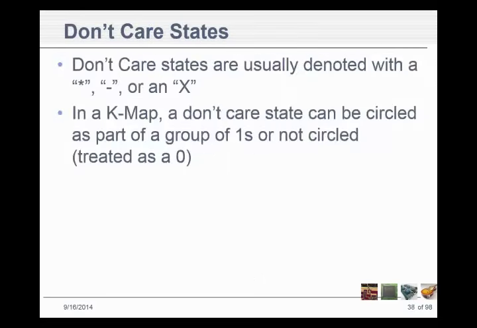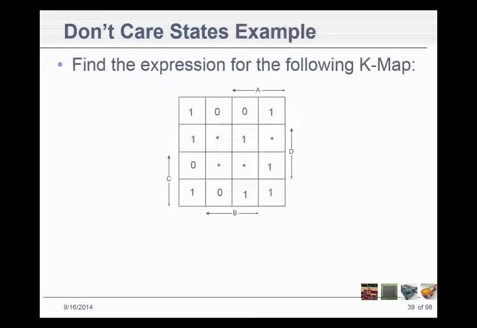Okay, so don't care states. For right now we'll leave it alone, but we will be getting into a bunch of don't care states. I have this bad habit of not putting the zeros in there, and I probably should, but there are also these don't care states. When we have a don't care state, it's really true: we don't care. It can be a 0 or a 1.